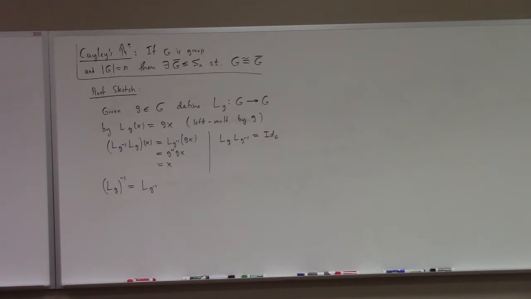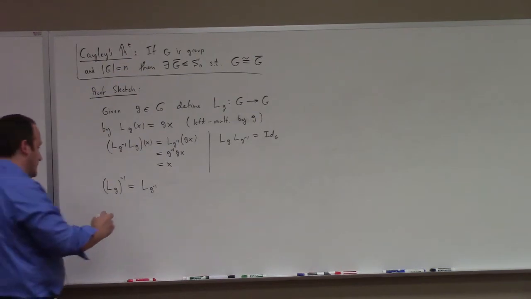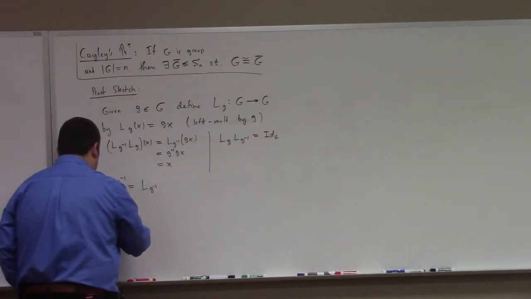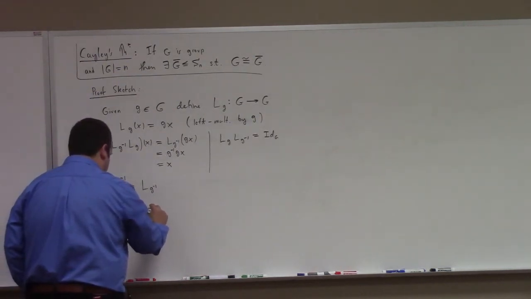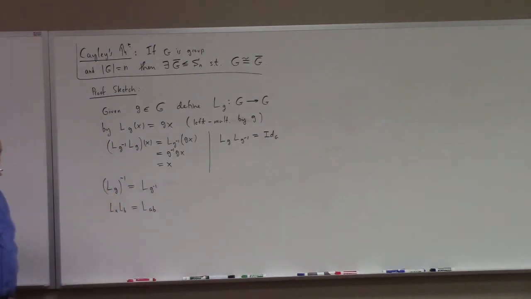And that's good for arbitrary G. So every left multiplication operator has an inverse. And also if you have two of these things, if we took L_A, L_B, you can prove that L_A composed with L_B is L_AB.